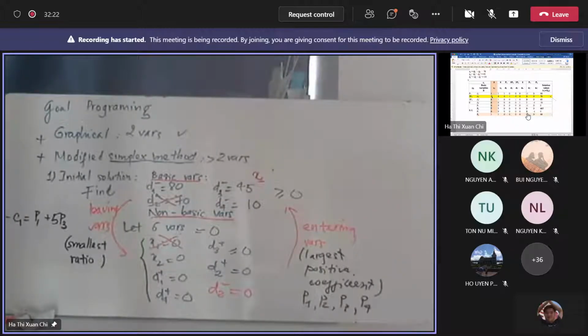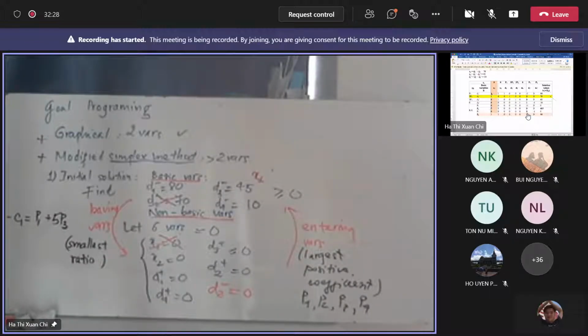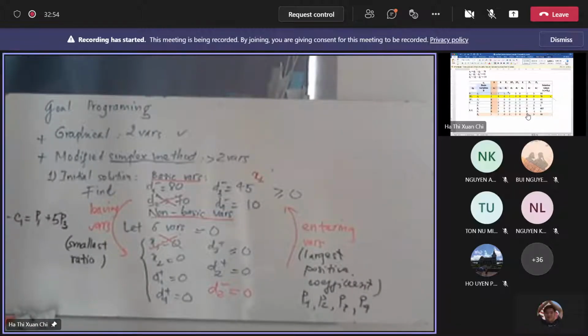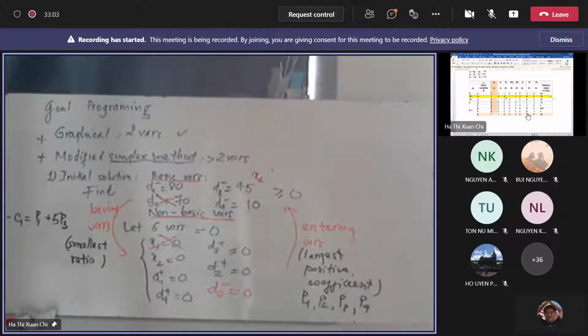So that one already equals 1. And everyone, for the entering variable here, the rest should be equal to 0. So this one should be 0, 0, 0, 0, 0, 0, because that is the basic. So everyone, look at the basic variable, for example D1 minus, right? You can see the intersection of the column and the row is number 1, and the rest here equal to 0.